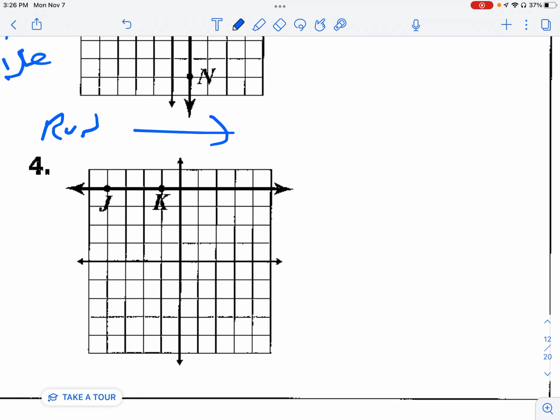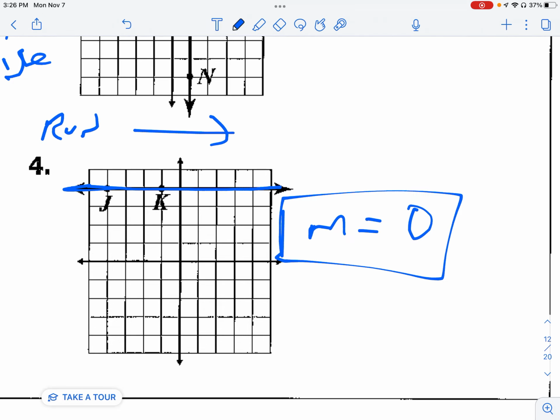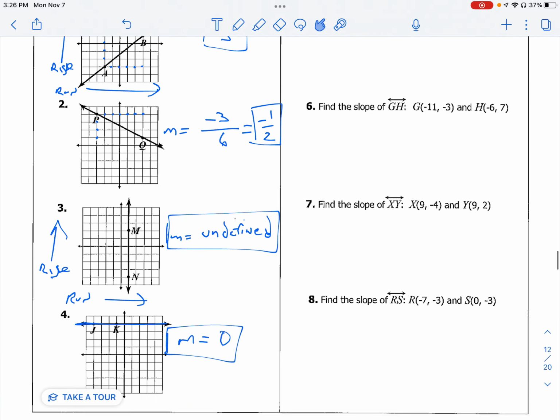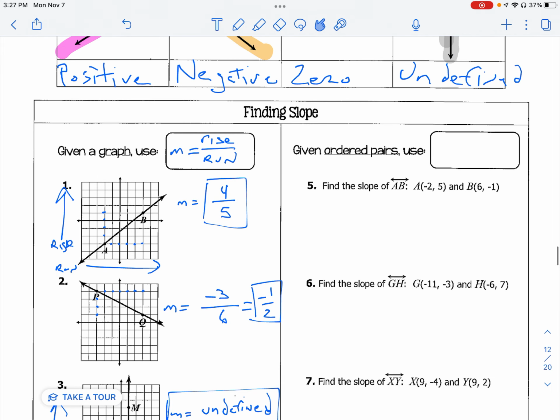So naturally, if we have a horizontal line, m equals 0. And that is our slope when using a graph.